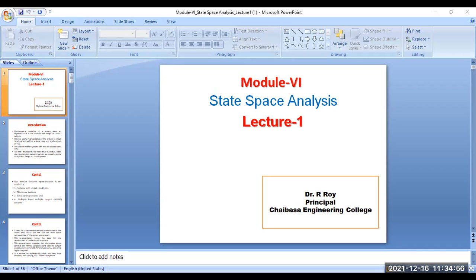Now, state space analysis, do you have any idea on this in your mathematics subject? Anyone? Do you have any idea in your engineering mathematics whether this topic is discussed anywhere? Yes or no? If you know, then you tell that yes, we have studied this.